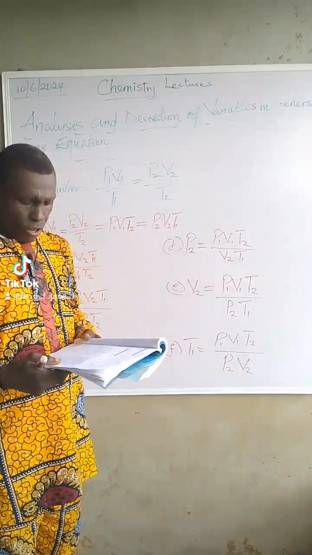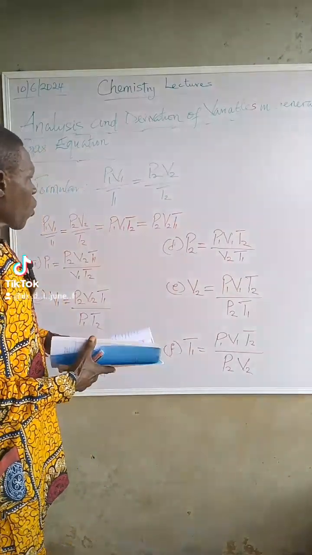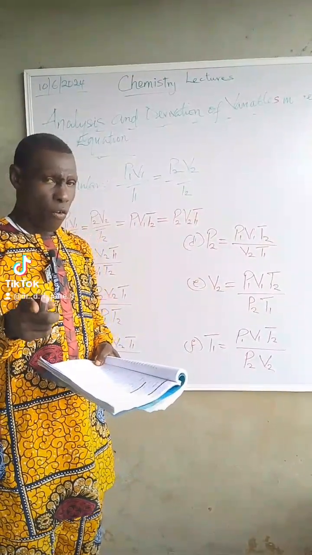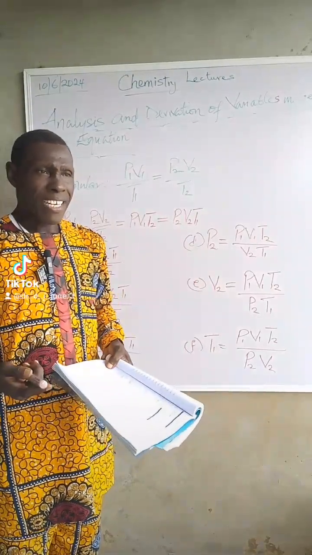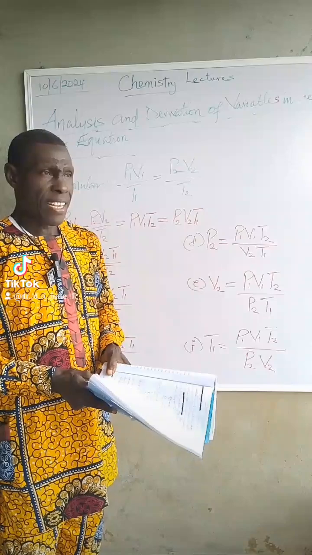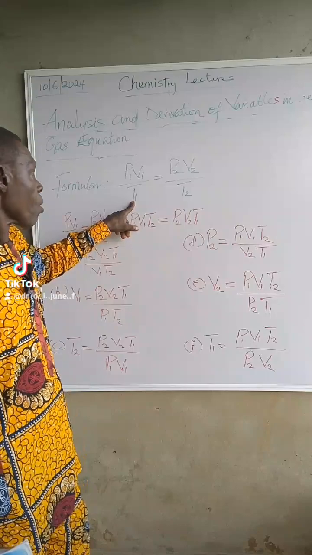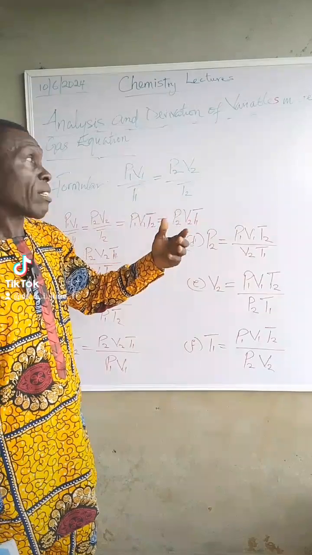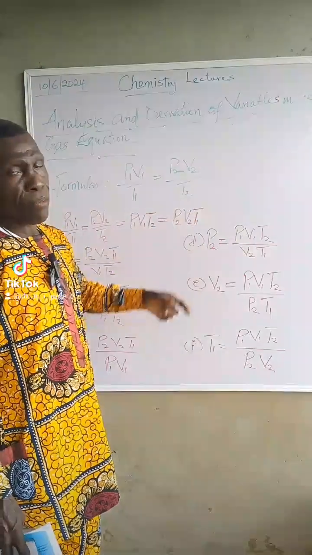Now, from this level, I want you to know that each of these three parameters can be calculated or determined. An examiner can set a question to calculate the initial temperature, initial pressure, or initial volume. It can equally say, calculate the final pressure, the final volume, or the final temperature.